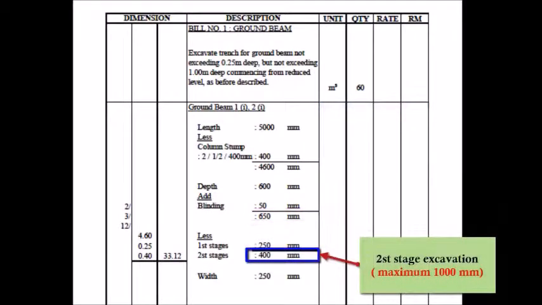So, the second stage of excavation will be the continuation of the first stage, where the requirement is excavation exceeding 0.25 m and not exceeding 1 m. For the continuation, the leftover depth for the second stage of excavation is only 400 mm.